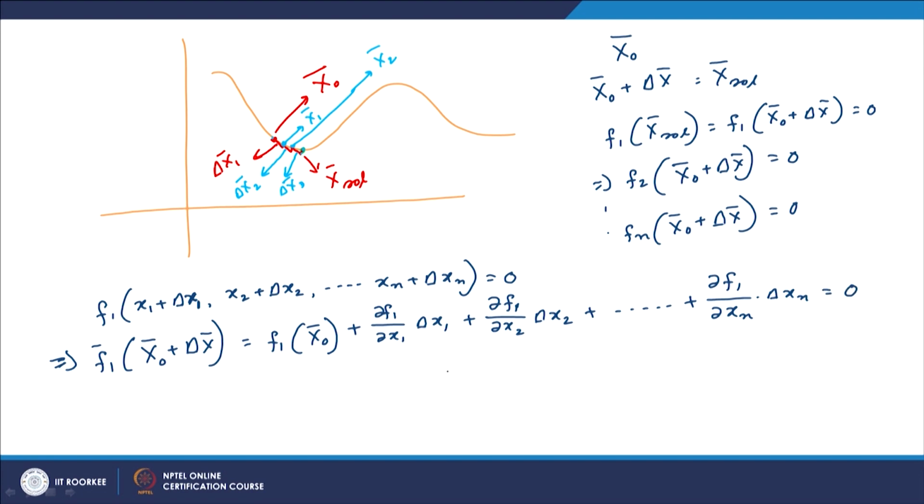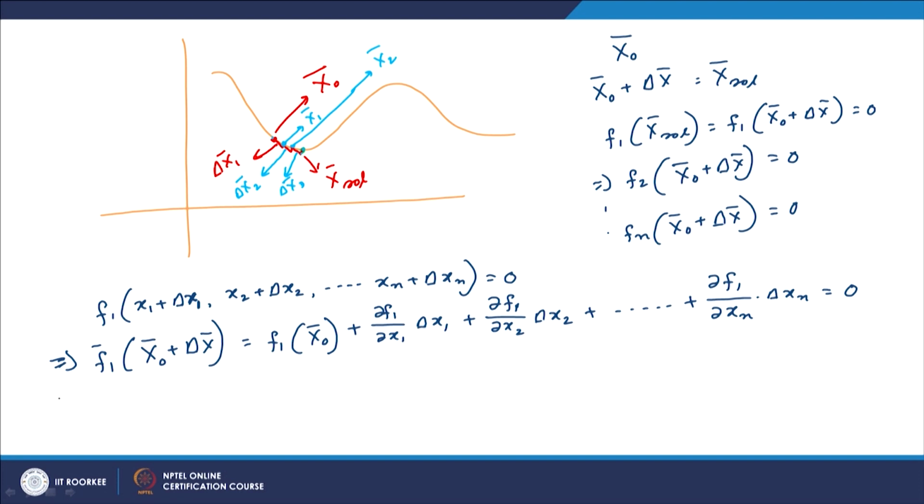Please note that we have simply neglected all the higher order terms, because delta x1, delta x2 and delta xn are very small. The higher order terms would have delta x1 square, delta x2 square, delta xn square. Because delta x1, delta x2 and delta xn are already small, their squares would be even smaller, so for all practical purposes they will be neglected. So this is the final expression.